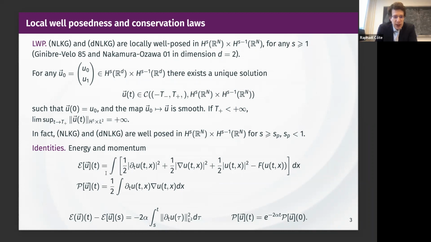And when there is damping, actually the derivative of the energy is minus 2 alpha the norm of dtu in L2 squared, and you have a similar ODE for the evolution of the momentum. And with damping, I like to write it in the integrated way.